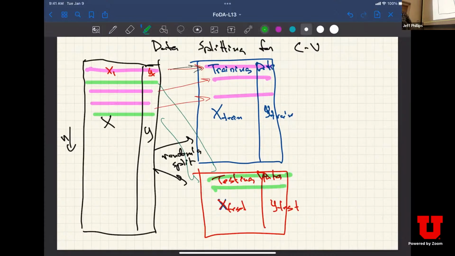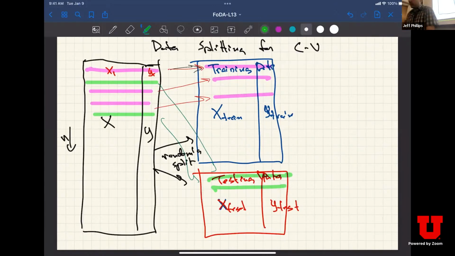All right, so you do this split into two parts, and we're only going to train the model on the training part, and then evaluate it on the testing part. This testing part is like new data we haven't seen yet.